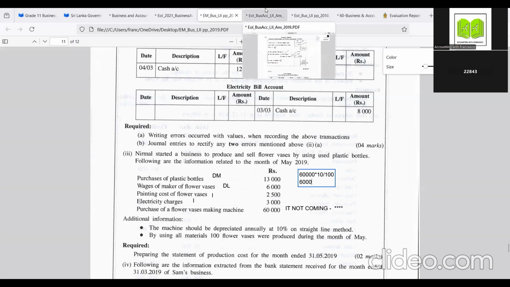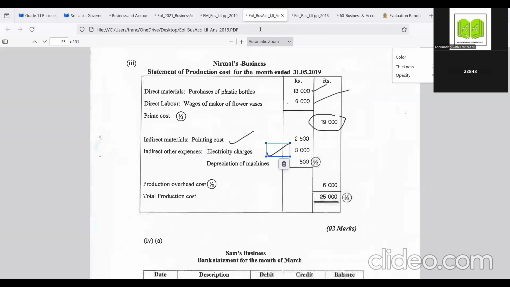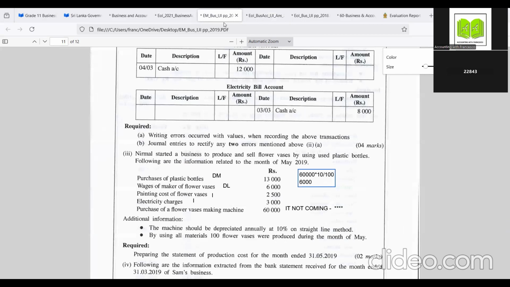What you should do if it is for a month? 6,000 into 1 over 12. That is how 500 came. Then you can add that and get the total production cost.